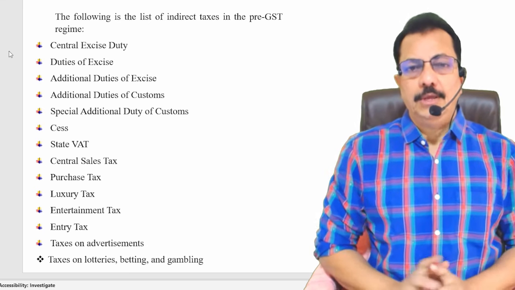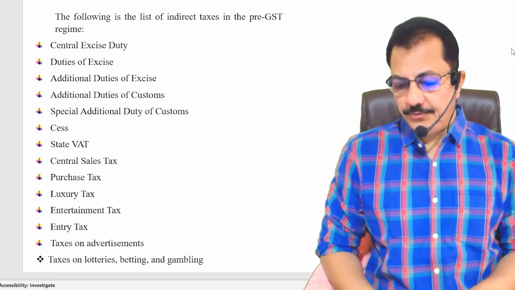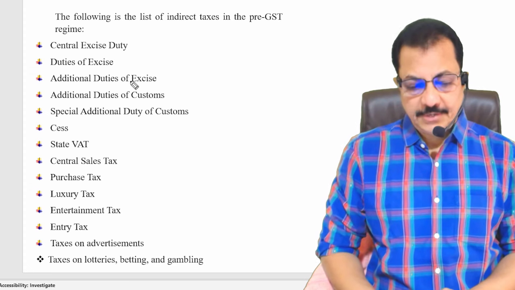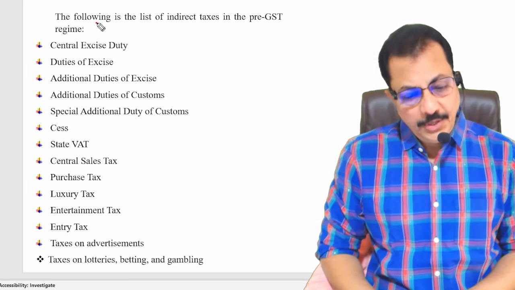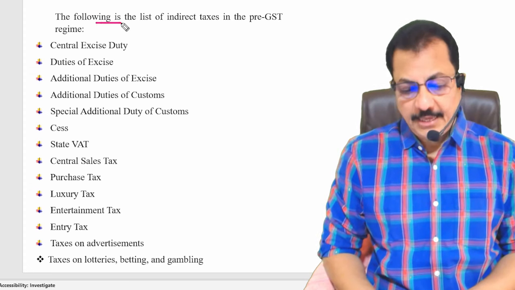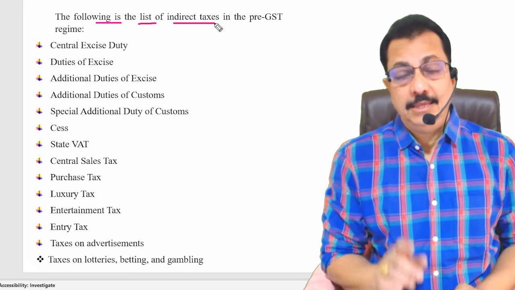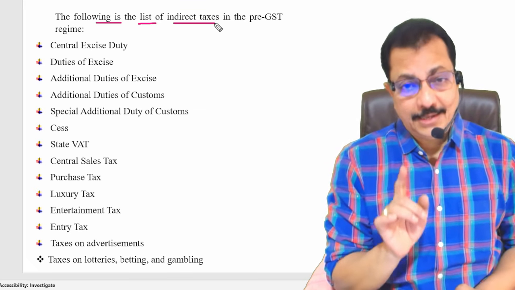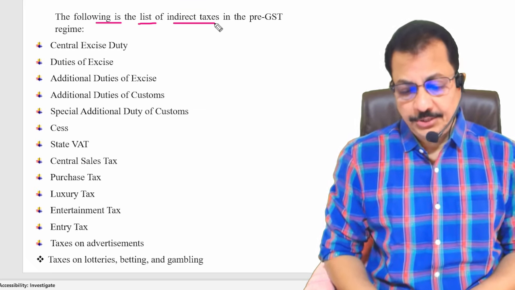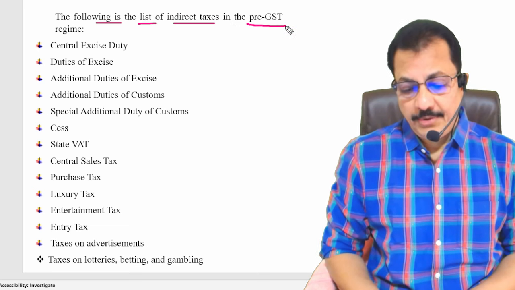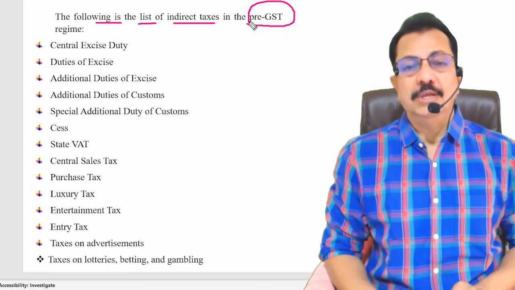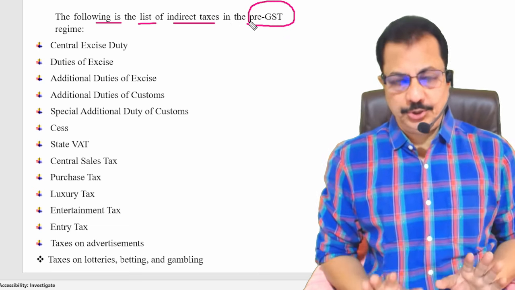If you look very closely at the screen, my dear friends, the first line is the list of indirect taxes. They are not existing today, but they were existing before GST came into the picture.